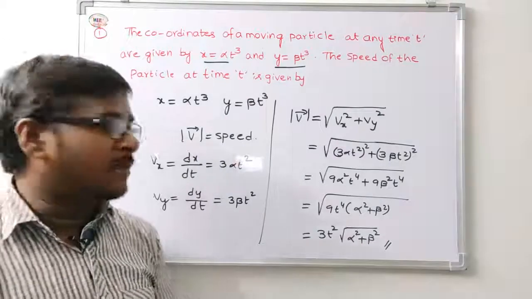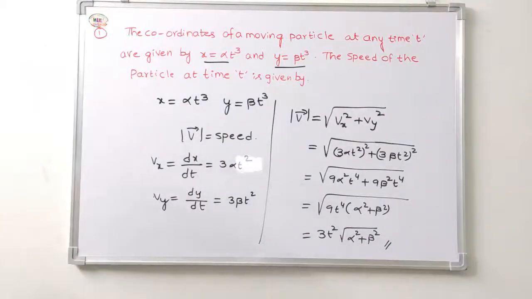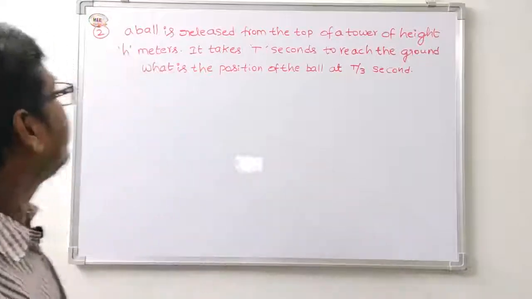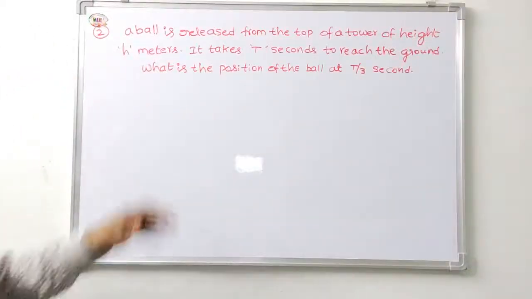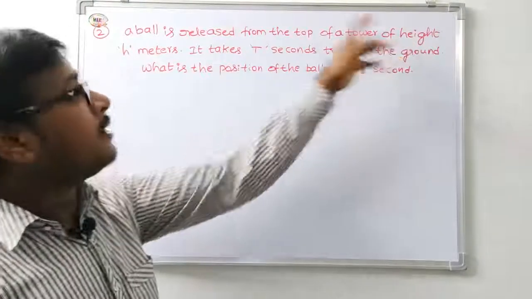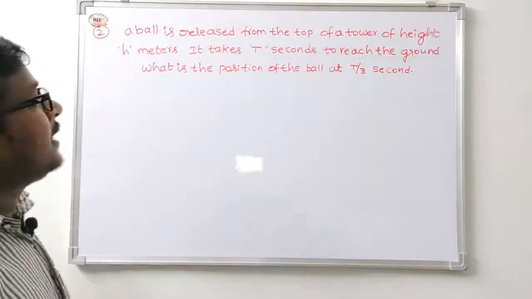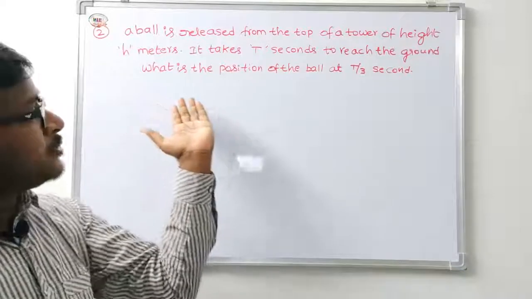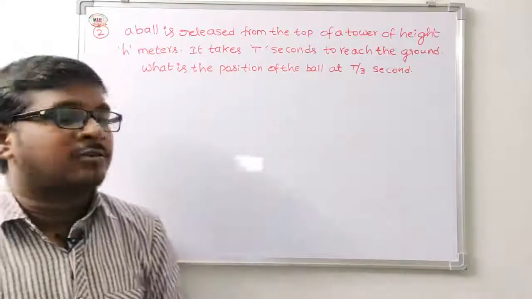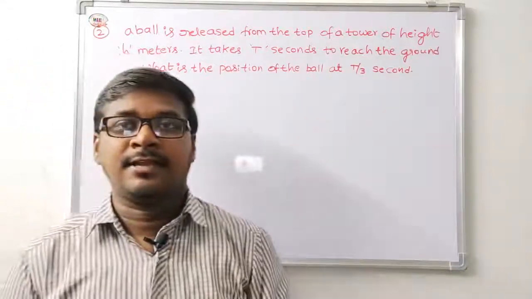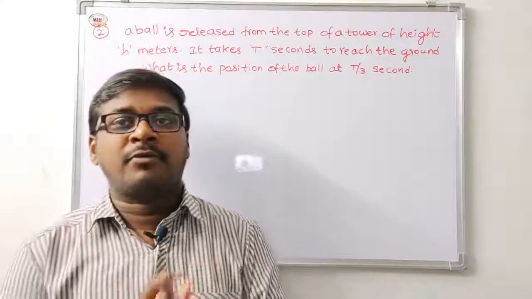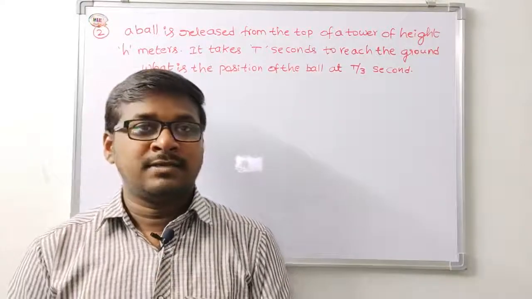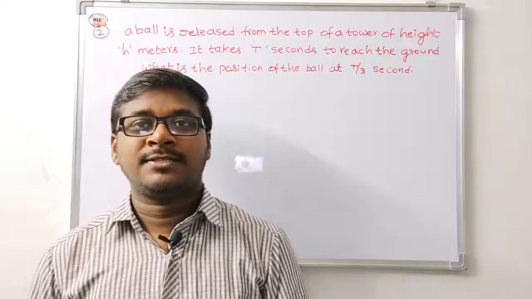Okay, next, the second problem. A ball is released from the top of a tower of height h meters. It takes t seconds to reach the ground. What is the position of the ball at t by third second? It is a very important problem, JEE Mains and NEET level, students.